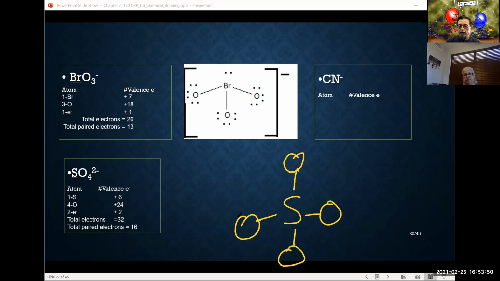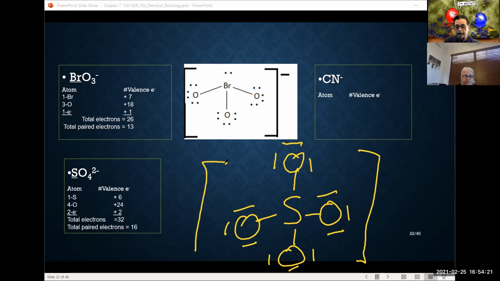Now, can I put any more on sulfur? I cannot. Why? Sulfur is full. I got 8 electrons around sulfur already. And so the only place I can put them are in the oxygens. That's 12 pair around the oxygens, I got 16 pair all the way around. Okay, and this is a polyatomic ion, so I put my bracket and then my -2 out here.